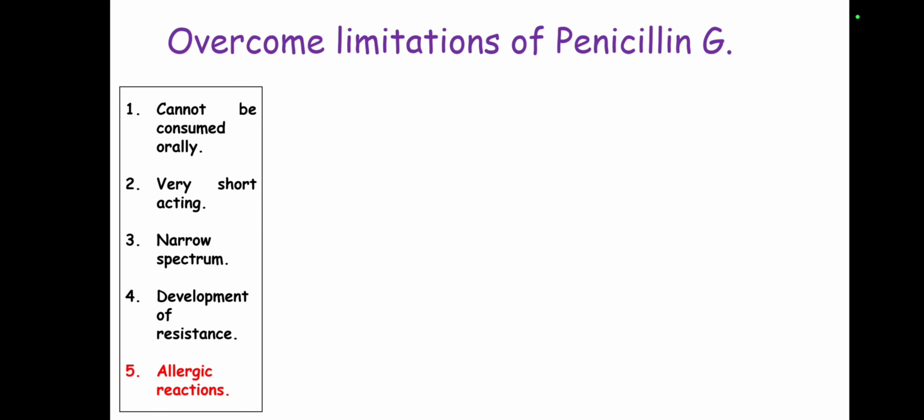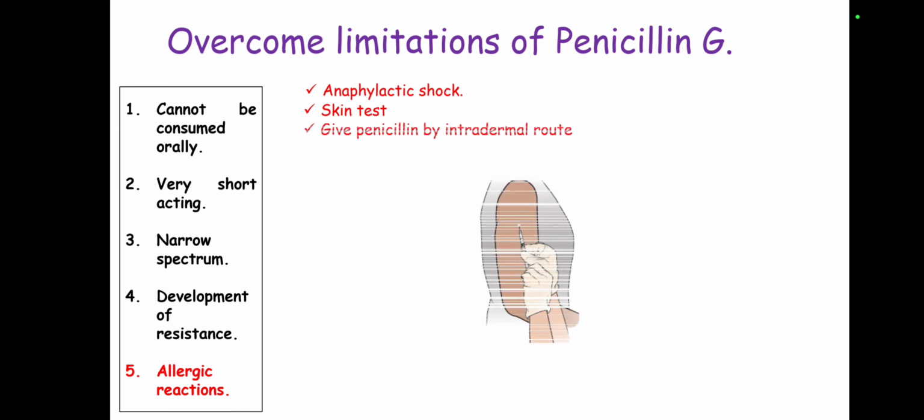Now coming to the last problem, that is allergic reactions. Penicillins are the common cause of anaphylactic shock. So we are unable to develop any new penicillin which does not cause allergy. The only thing we can do is be careful so that the allergy does not become serious. So before giving any penicillin, we should do a skin test, and the skin test is done by giving penicillin G by intradermal route.